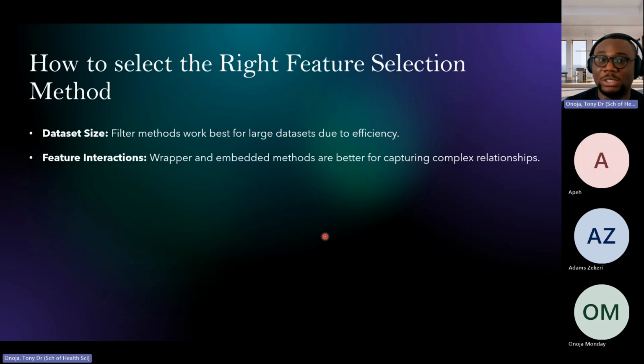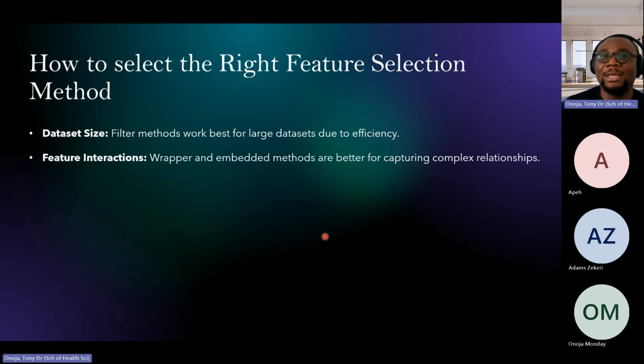The second thing is feature interactions. Are feature interactions very important to your work? Is it something that has to do with causalities? Do you want to know how these features are combining with each other? If so, then you should prioritize the wrappers and the embedded methods because they will better capture the complexity in the relationship.